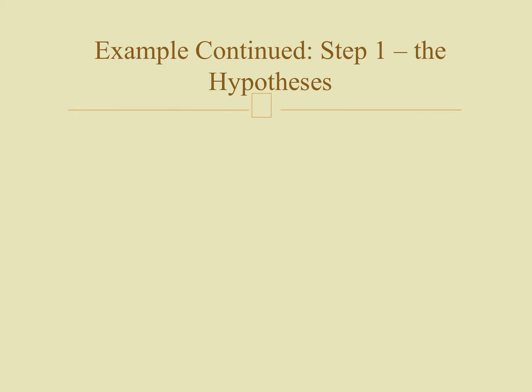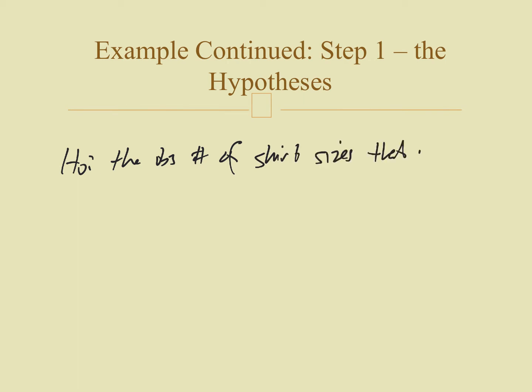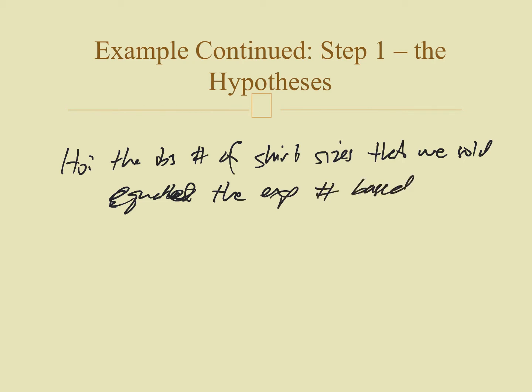So your null hypothesis would be the observed number of shirt sizes that we sold equaled the expected number based on our previous belief of sizes.